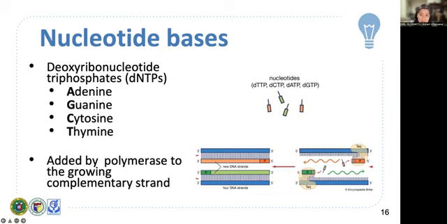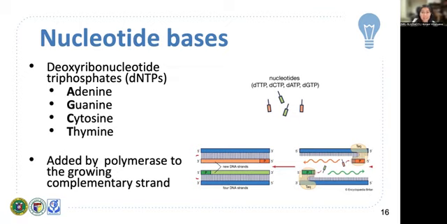So sila yung dinadagdag ng Taq polymerase para magkaroon ka ng complementary strand. And the result, the end product after this elongation process is this one. Ayan, meron ka ng complementary new DNA strands. So complementary siya ng iyong template strand. Itong dalawang template strand na to.